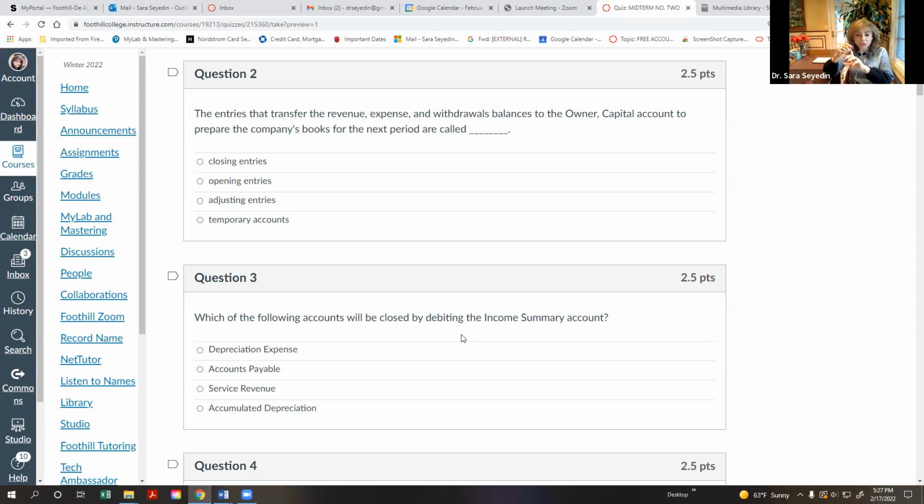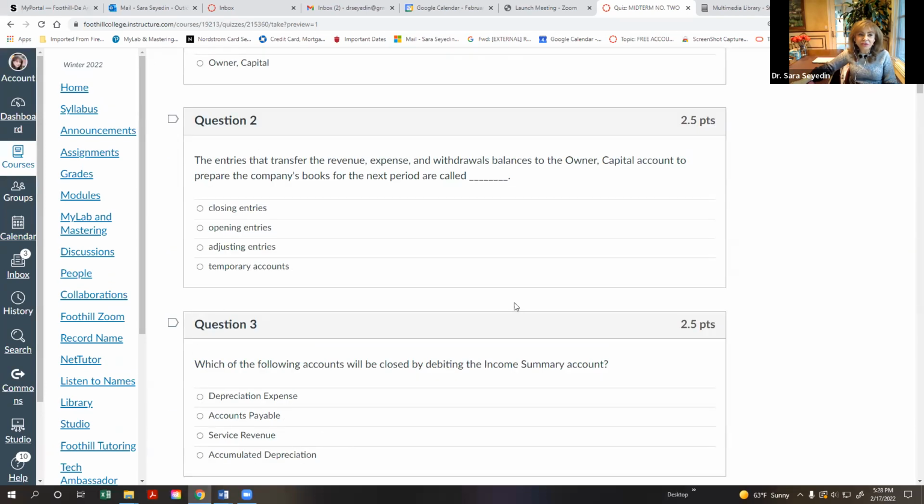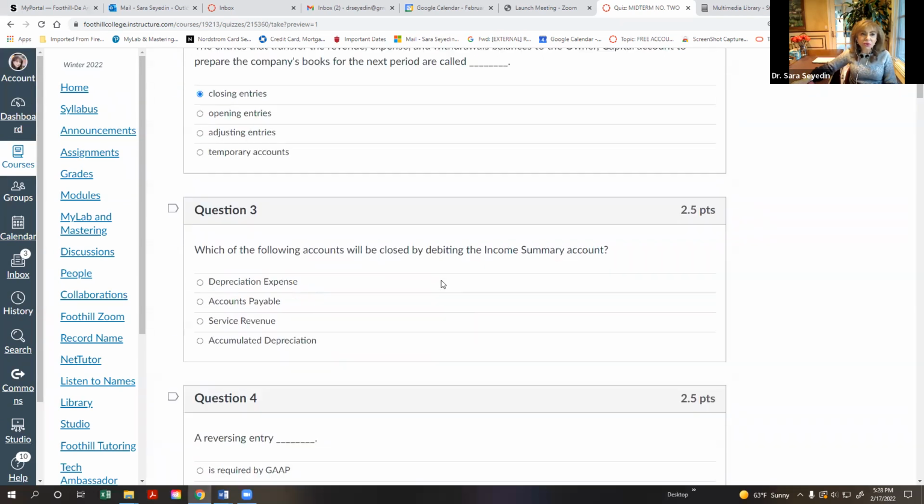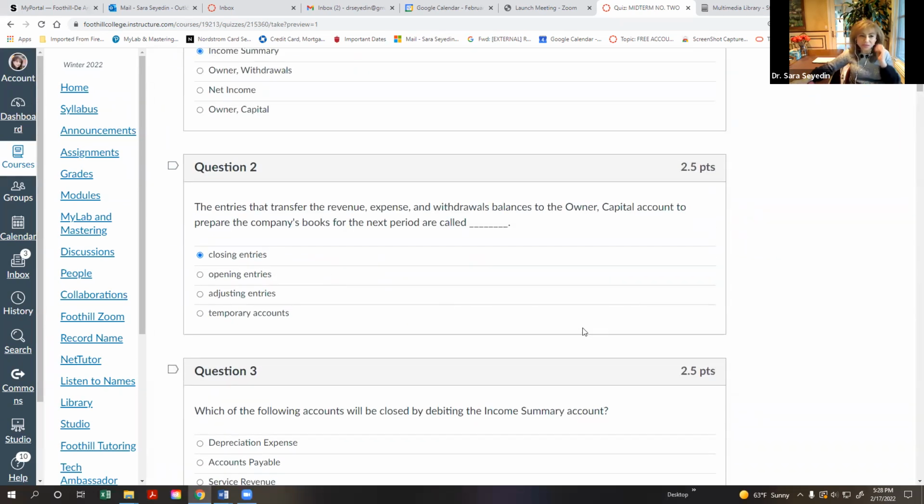You first close your revenue accounts, then you close your expense accounts, then you close income summary itself, and then you close owner's drawing. So obviously the answer here is closing entries. Okay. So again, a conceptual question.